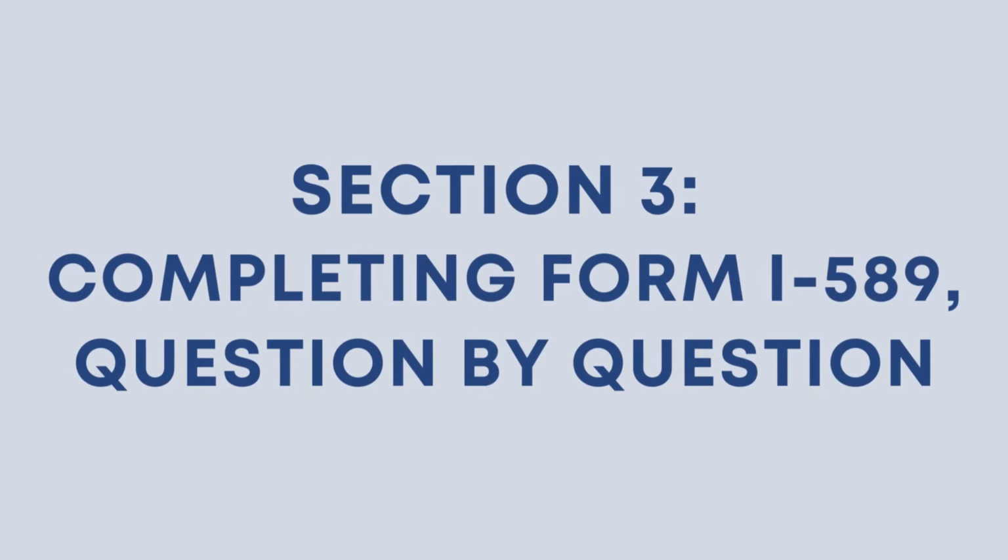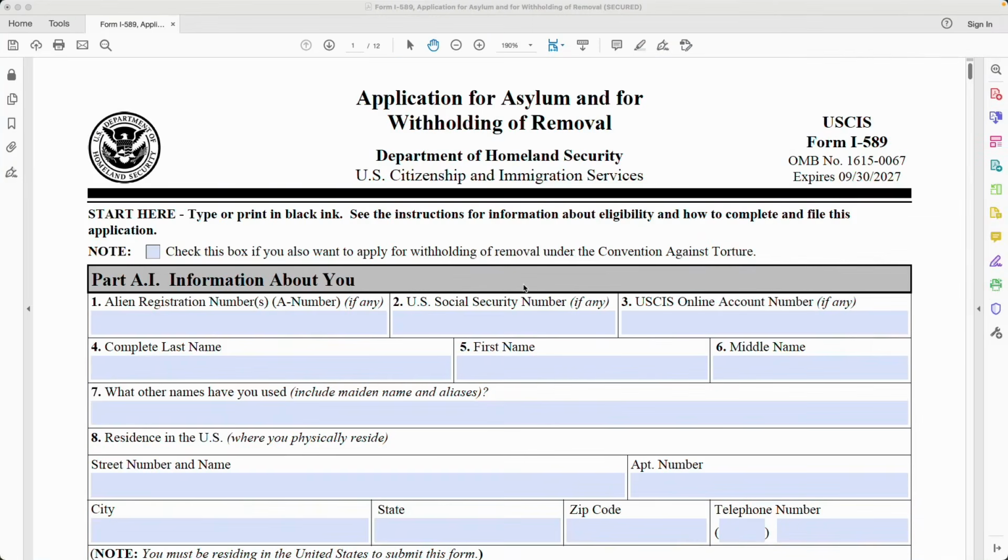Section 3. Completing Form I-589, question by question. Now we can get started with the Form I-589 itself. The application is 12 pages long. It is split into 3 main sections.